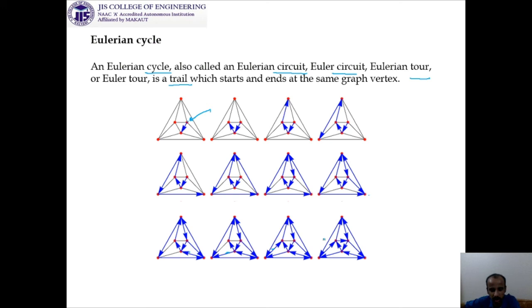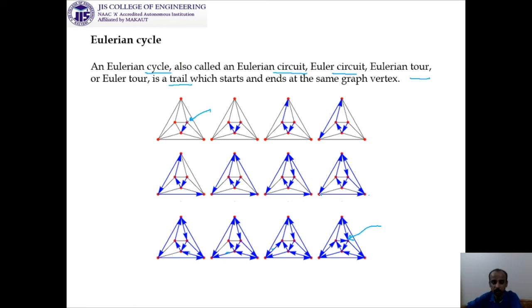When you are at the 12th step, you are again back at the initial vertex and all the edges are covered, and they are covered a single time. If it is possible, then it is okay, and if it is not possible, then it is not possible for that particular graph.